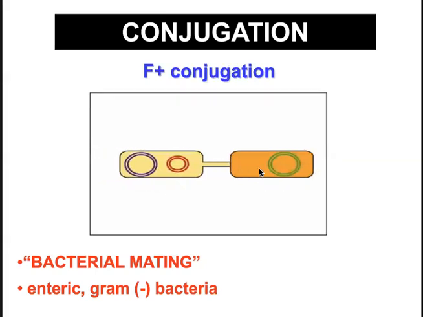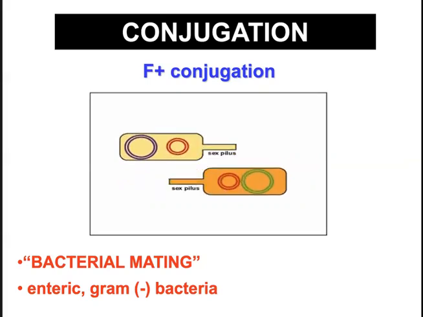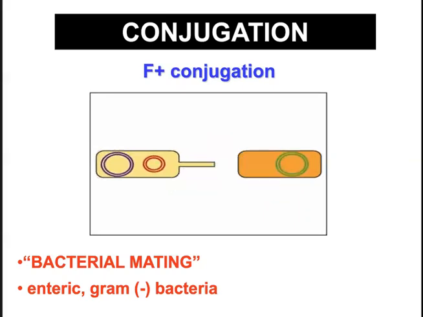The one that was initially a female has become an F positive or a male bacterium, and it is now able to code for the production of a sex pilus. So the yellow one is a male, F positive, which means it can produce sex pilus, and it has donated its plasmid that codes for that particular ability onto an F negative, or a female.